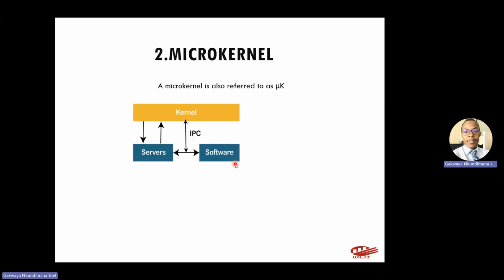The first one we saw, the services and the kernel, go hand in hand. But here it's separated. The kernel is separate, and the servers, the software, are separate. The kernel can access the memory differently, and the application can have its own separate space.